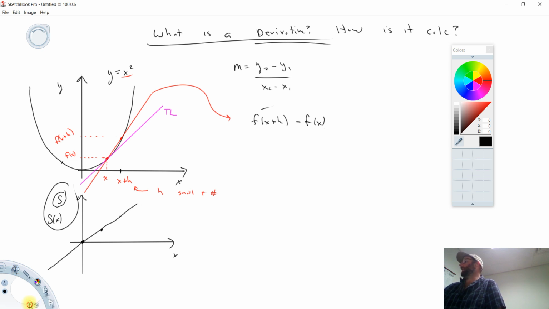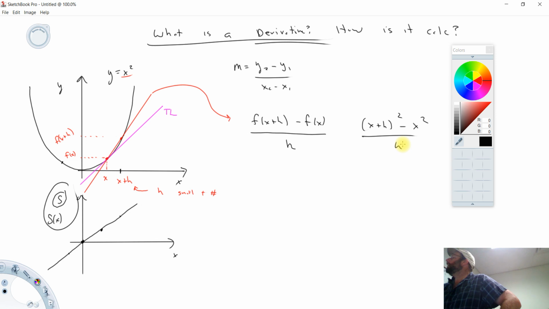Then we divide that by x2 minus x1, and if I take x plus h minus x, we just get h. Now, in this example, this would be x plus h squared minus x squared over h, right?